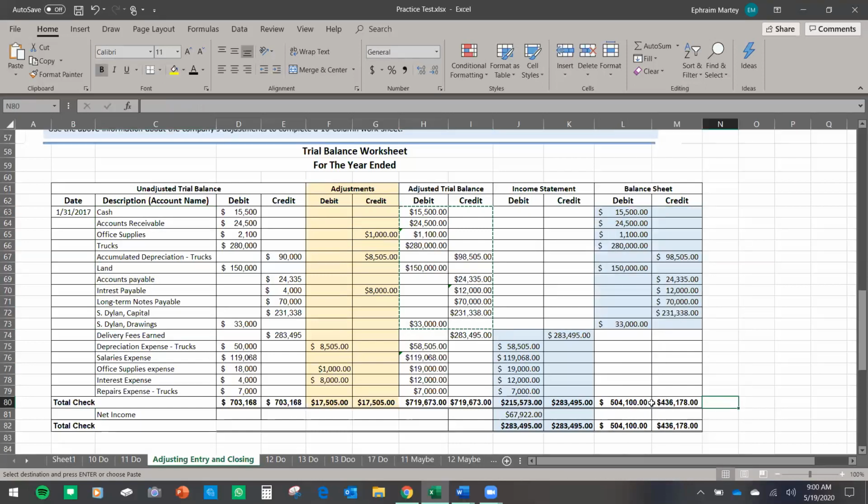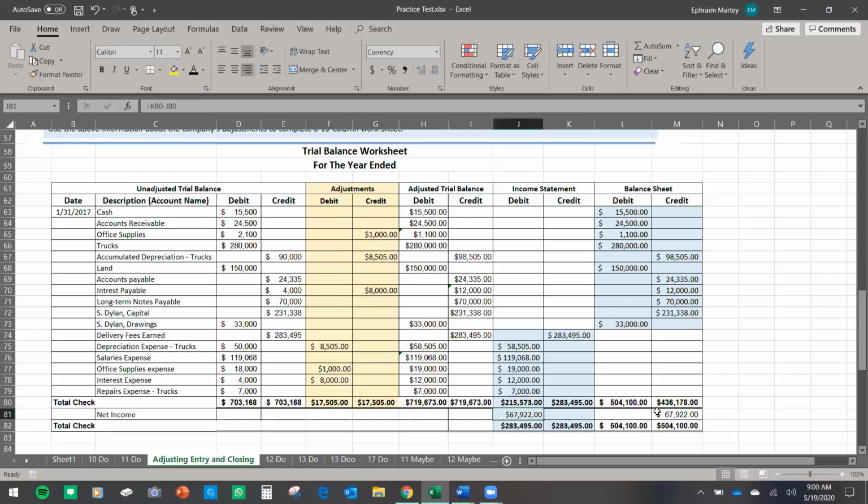Notice this one is higher than that, so we need a number here. Let's see if we'll get the same amount that we are supposed to. We need this one to be equal to that, so I will take this minus the lower one. Is it equal to this? Yep.